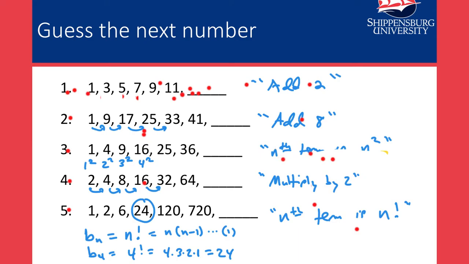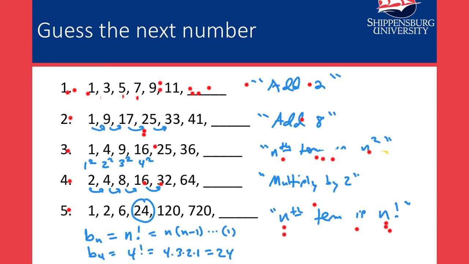So if you wanted to know the 10th term, for example, in number 3, the 10th term is going to be 10 squared, or 100. Down here, the 10th term is going to be 10 factorial, which you may need a calculator to figure out. It's north of 3 million, but we can do it.